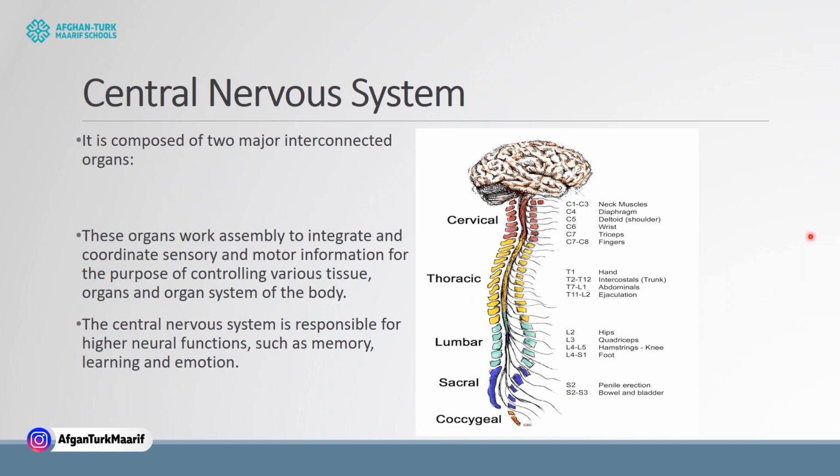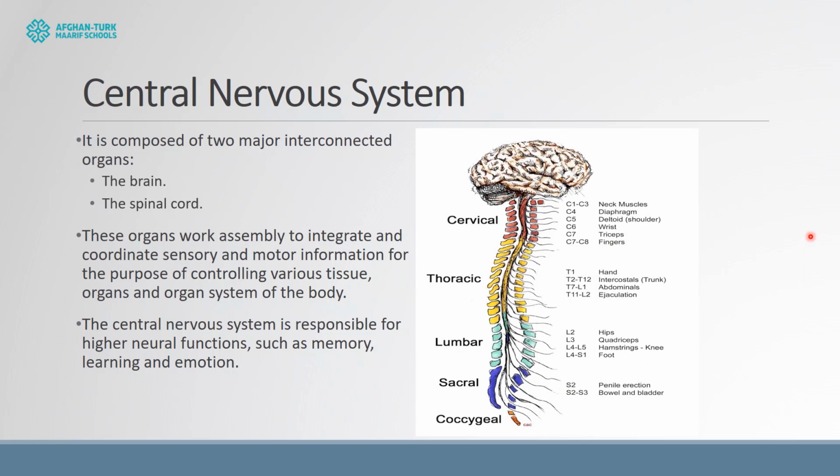The central nervous system is composed of two major parts: the brain and the spinal cord. These two work in assembly to coordinate everything happening inside and outside our organism in order to control and keep the homeostasis of our body.